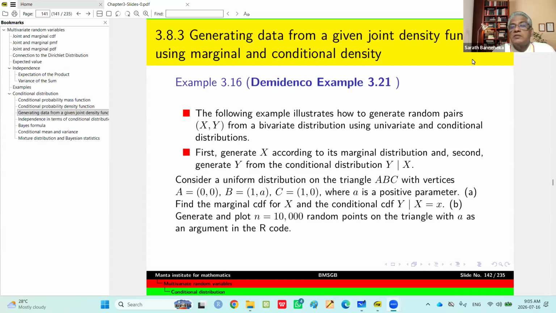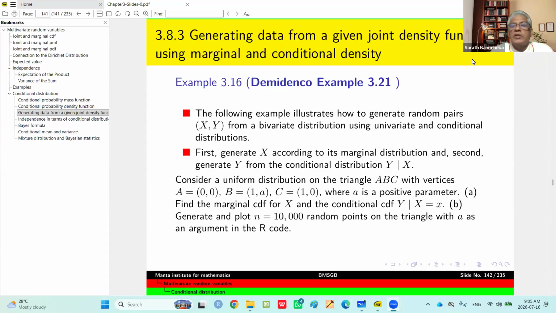And then secondly, generate a y value from the conditional distribution of y given the previous value of x. Thereby jointly x and y have the expected joint density function. So that is the general method that I followed, and we completely discussed this example.